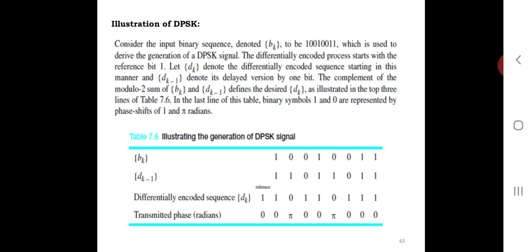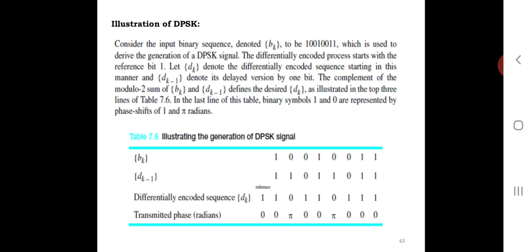Then the complement of the modulo 2 sum of B of k and D of k minus 1 defines the desired D of k, illustrated in the top 3 rows of this table.